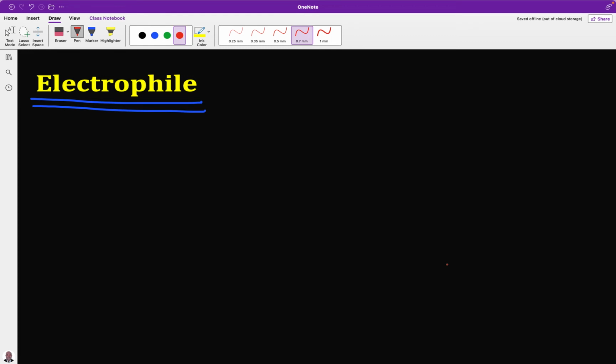They are electron deficient species, and they are generally positively charged. Most of these electron deficient species are generally positively charged.